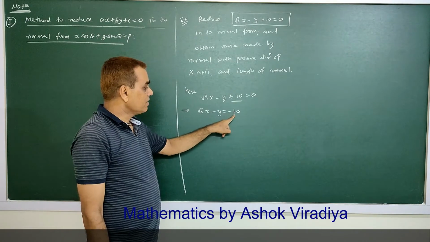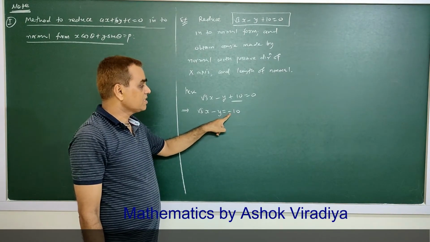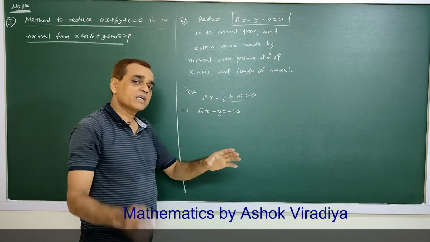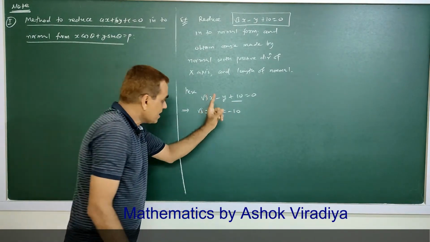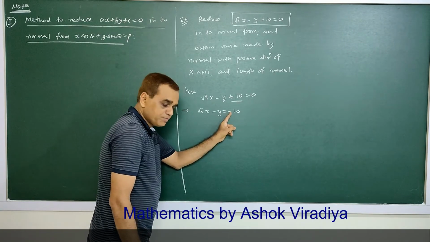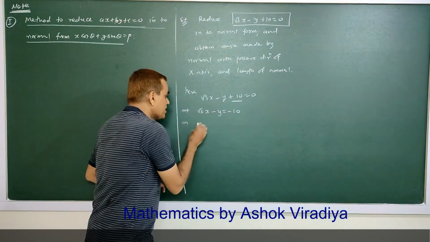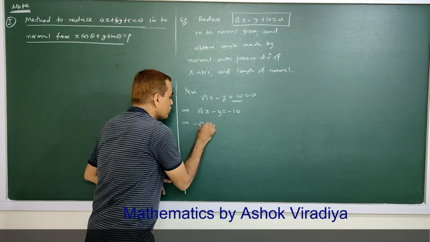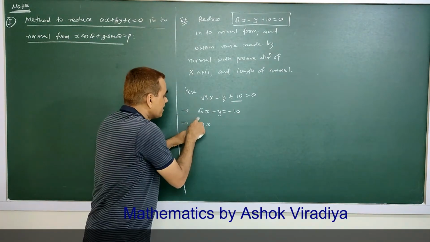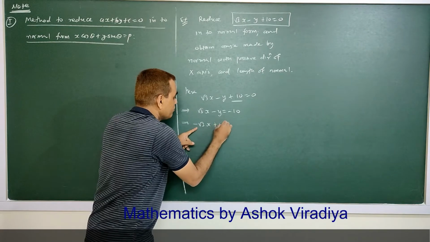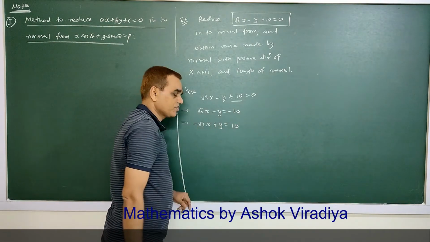Now if this number is positive, keep the equation as it is. But if this number is negative, then change the sign of the equation. So convert all the signs into the opposite sign: positive into negative, negative into positive.